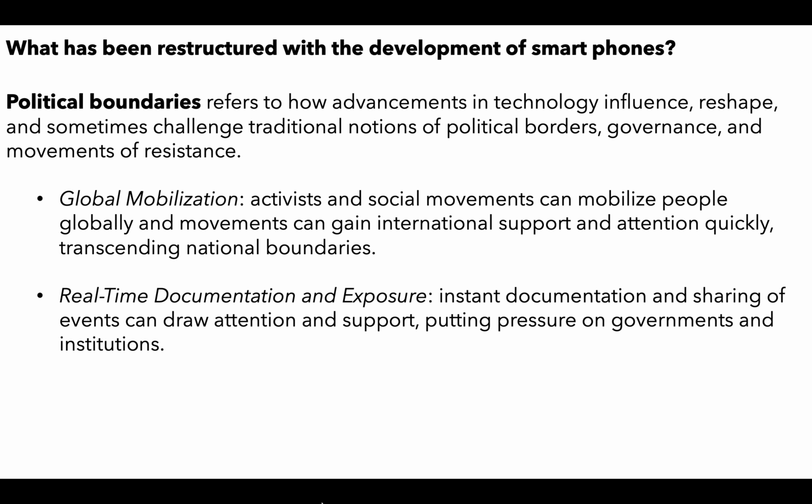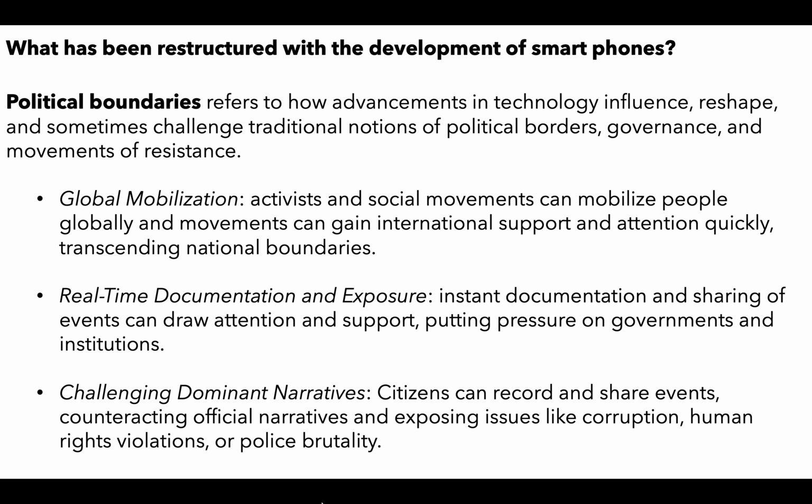We can document and expose in real time things that are happening, right? And this can put pressure on governments, can put pressure on institutions, and can share quickly and broadly the conditions that are happening on the ground, whether that's violence, natural disasters, political unrest, whatever. There are all different ways that there's real-time documentation of what's happening.